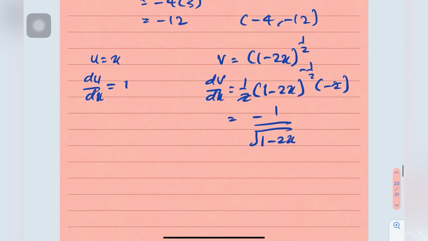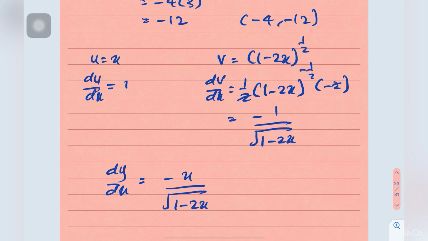Then this is product rule. So dy dx is u dv dx, so negative x over square root 1 minus 2x, plus v du dx, this one square root 1 minus 2x.